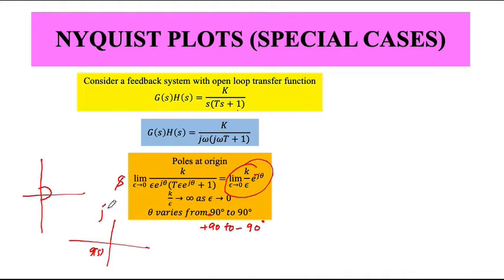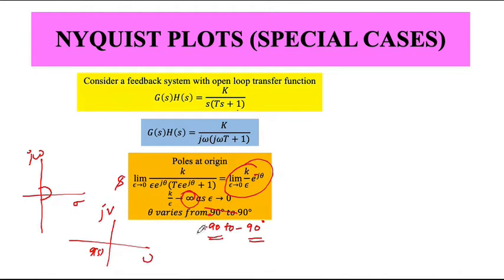Here I have the S plane with sigma and j omega, and the QS plane with U and jV, as we defined last time. With epsilon approaching 0, the magnitude goes to infinity, and the angle goes from positive 90 to minus 90, because earlier theta was varying from minus 90 to plus 90, and now it is negative.